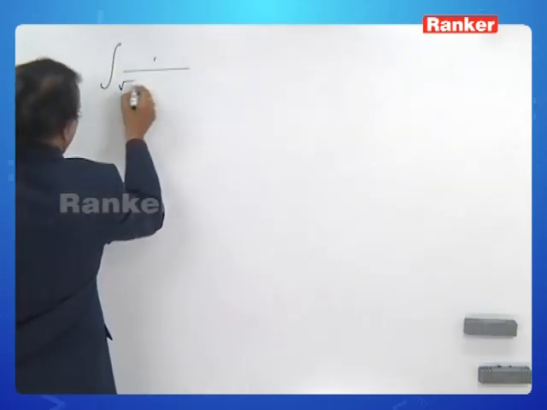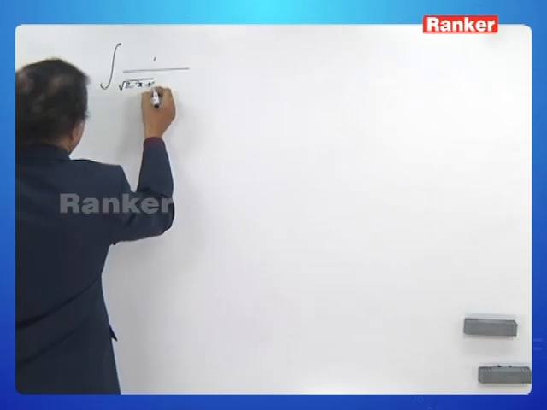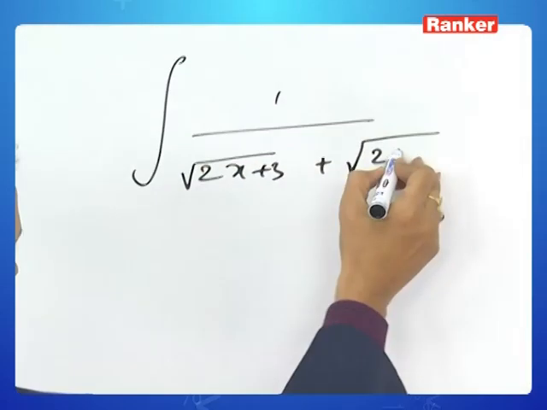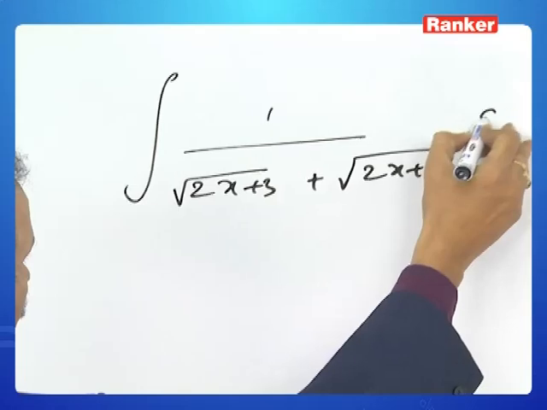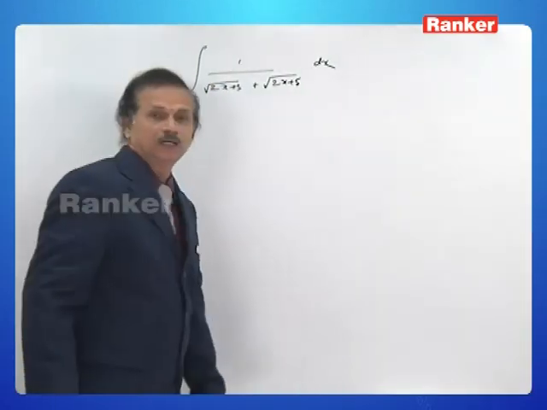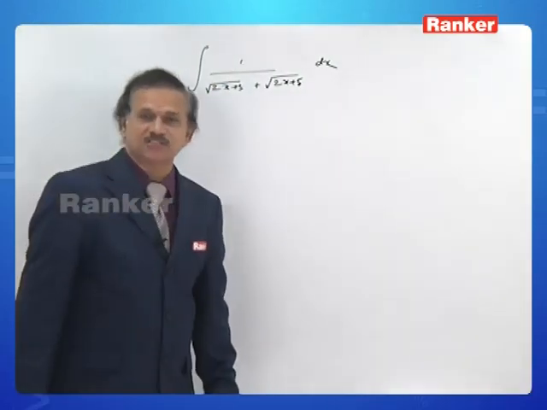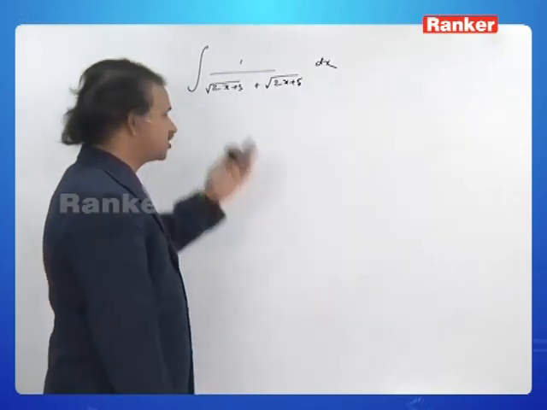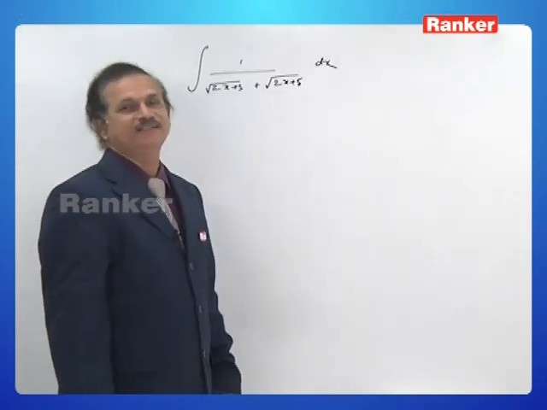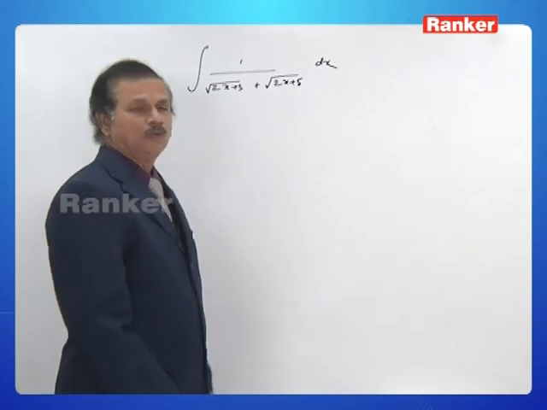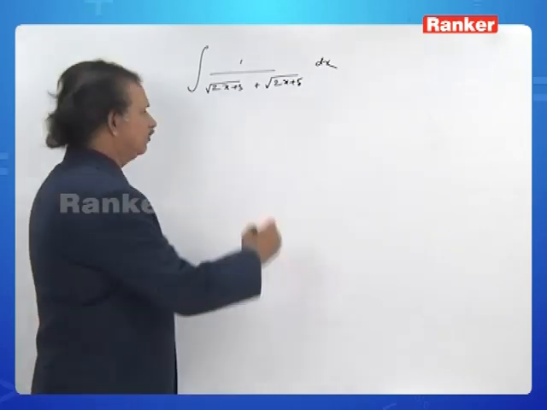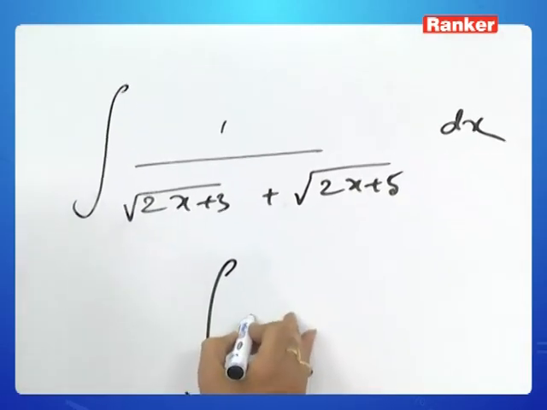Integral of 1 by root of 2x plus 3 plus square root of 2x plus 5. What is the answer? You observe this problem. It is not in the standard form of basic formulas. What do we do? We just rationalize this. By rationalizing this, what are we having?